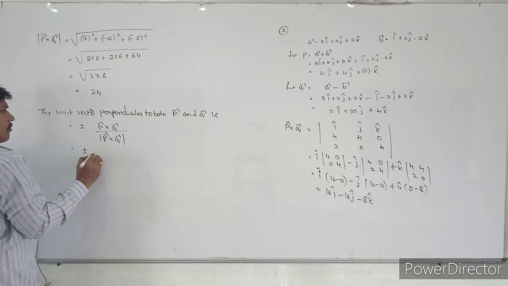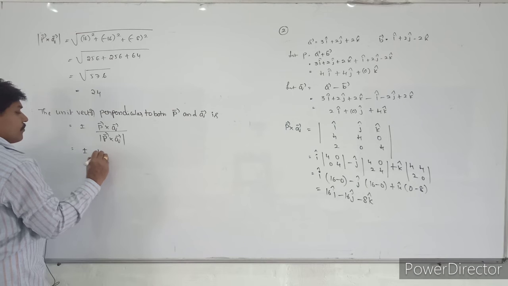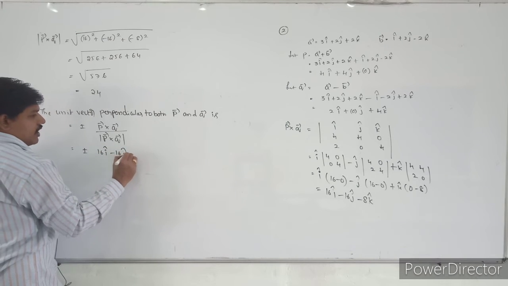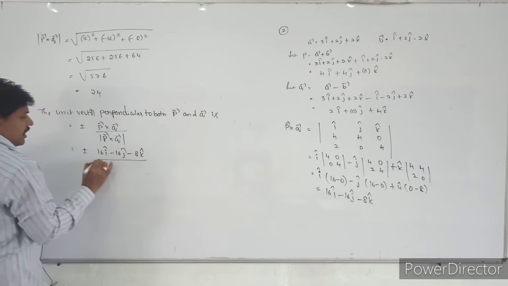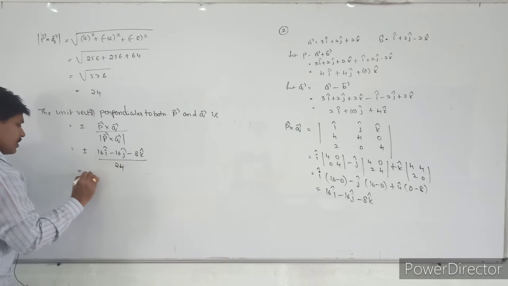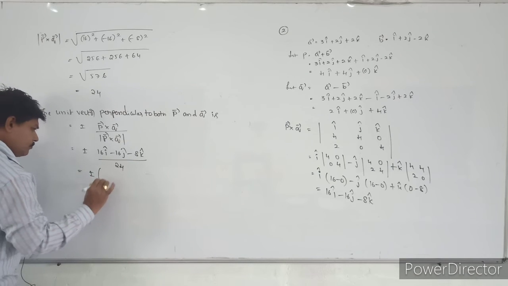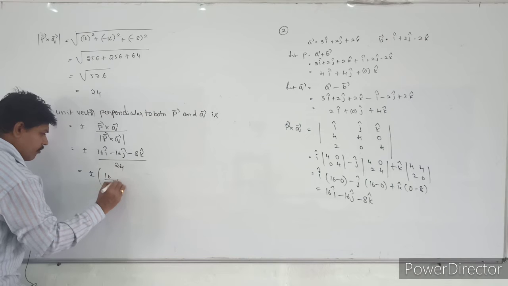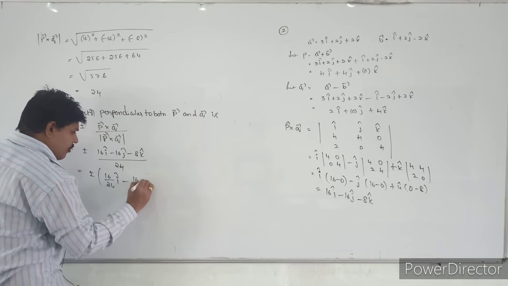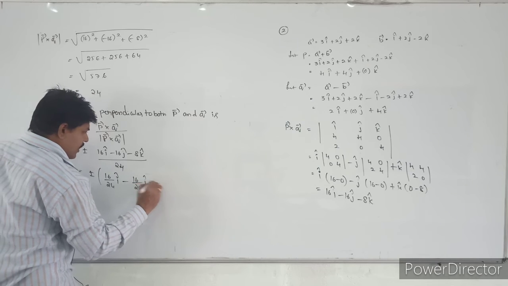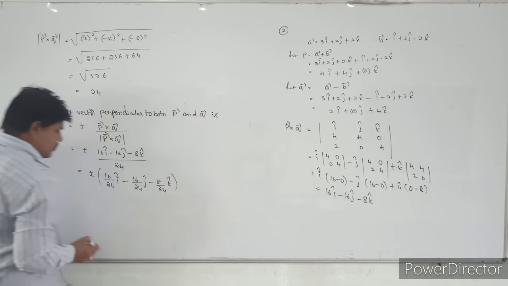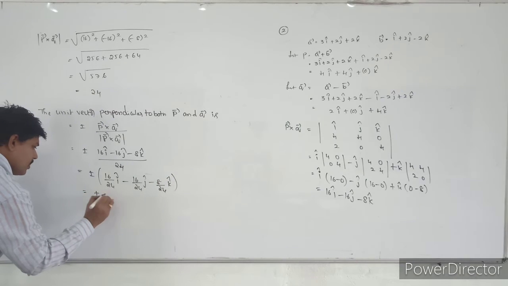That is plus or minus 16i minus 16j minus 8k divided by 24, which is plus or minus 16 by 24 into i minus 16 by 24 into j minus 8 by 24 into k.